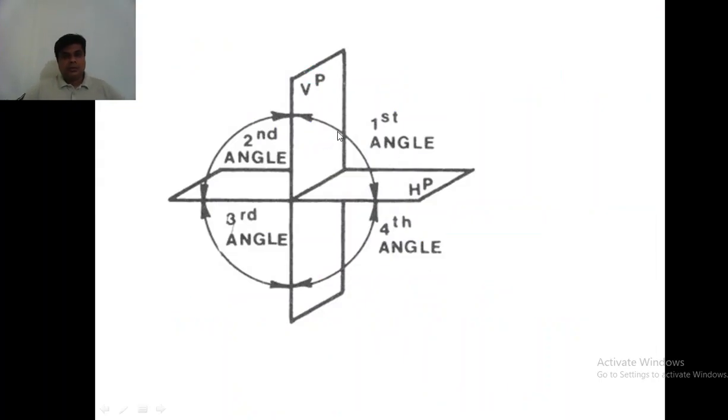Okay, so here, whenever you draw any object, what we do is we divide the region or space into 4 parts. So just imagine a box here, one more box on one side, one more box here, one more box here, and in each box we have 6 faces.